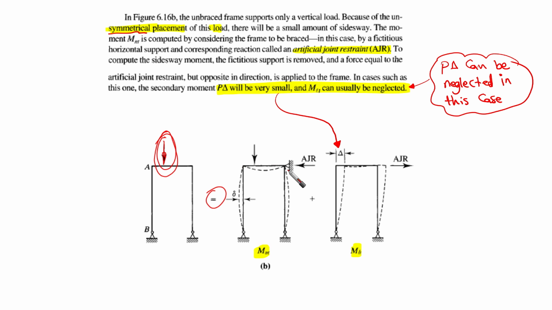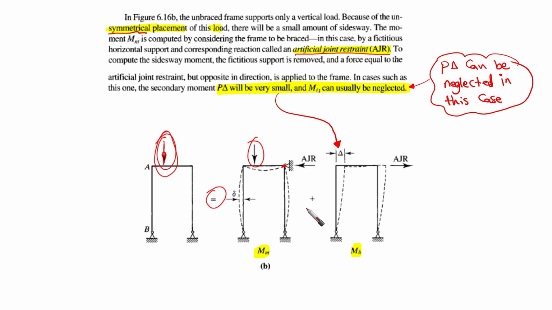The first one is the gravity load only, applied while restraining the horizontal degree of freedom with what we call an artificial joint restraint, AJR.